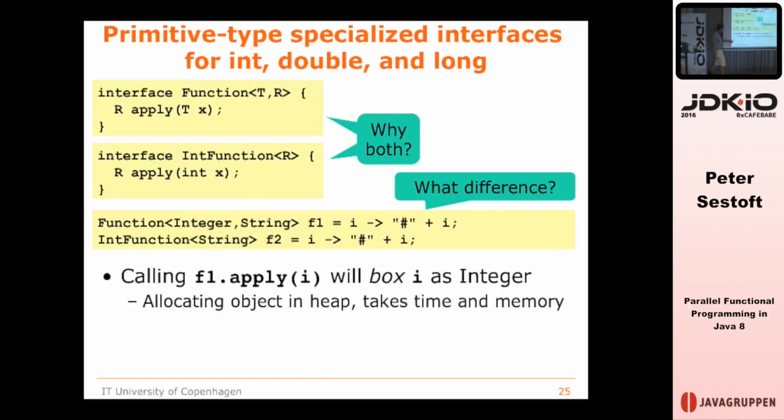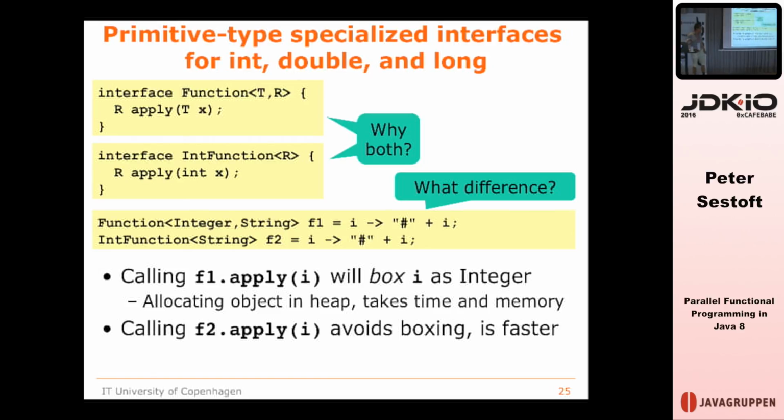The difference is that if we call f1, the Function<Integer,String>, on an integer like 42, this integer will be boxed because the argument type here is the capital Integer, the object Integer. Boxing the integer will take 40 nanoseconds or something like that, which is quite a long time. It will need to allocate an object in the heap, and that takes both time and memory, but time is the worst in this case.